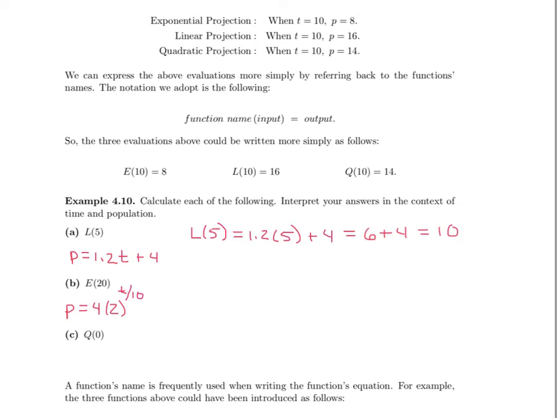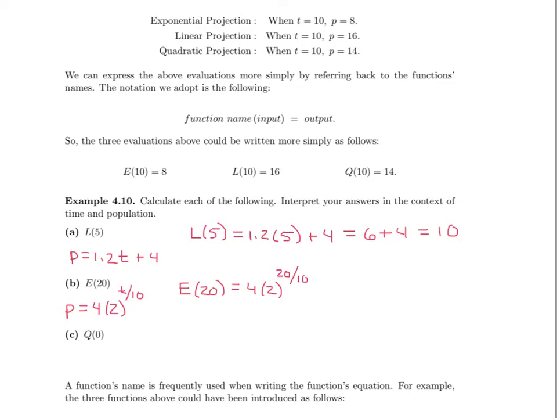This is the E function. We are calculating the output of this function when the number 20 has been substituted into the function. So the 20 is playing the role of the t. If I substitute 20 in place of t, this is the expression I arrive at.